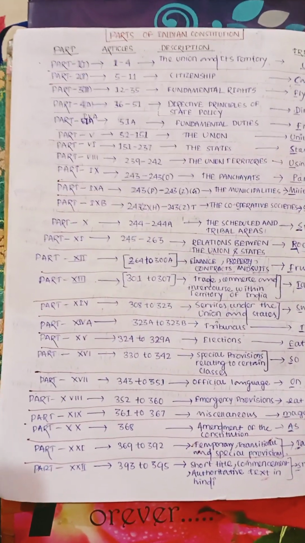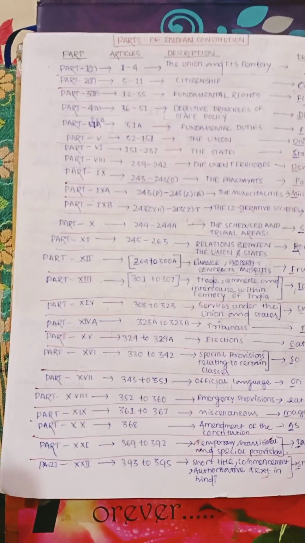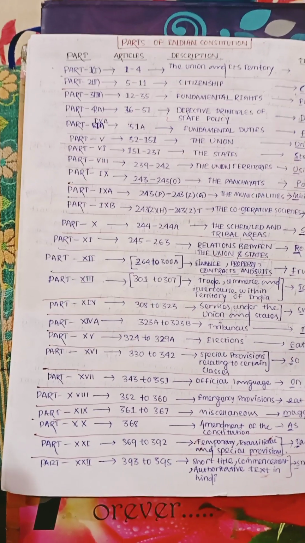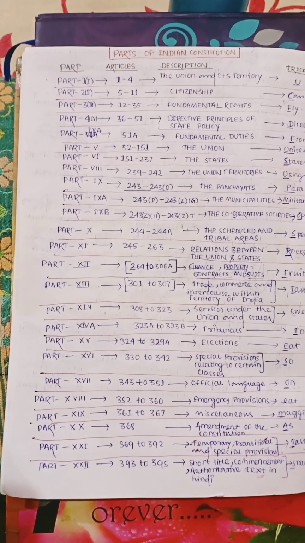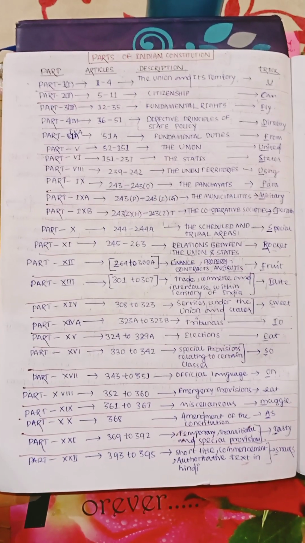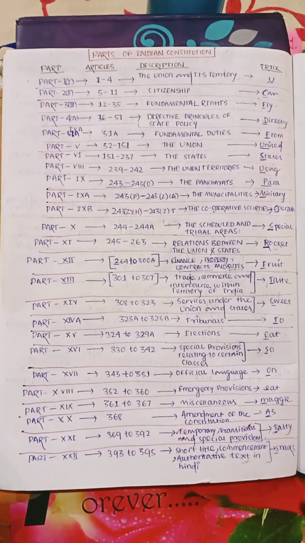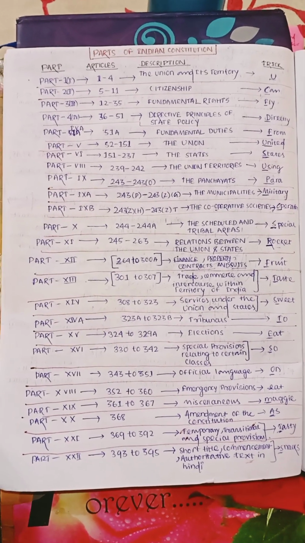So from part 1 to part 11, we remember easily by this trick. The trick is you can fly directly from United States using paramilitary operation, special rocket.